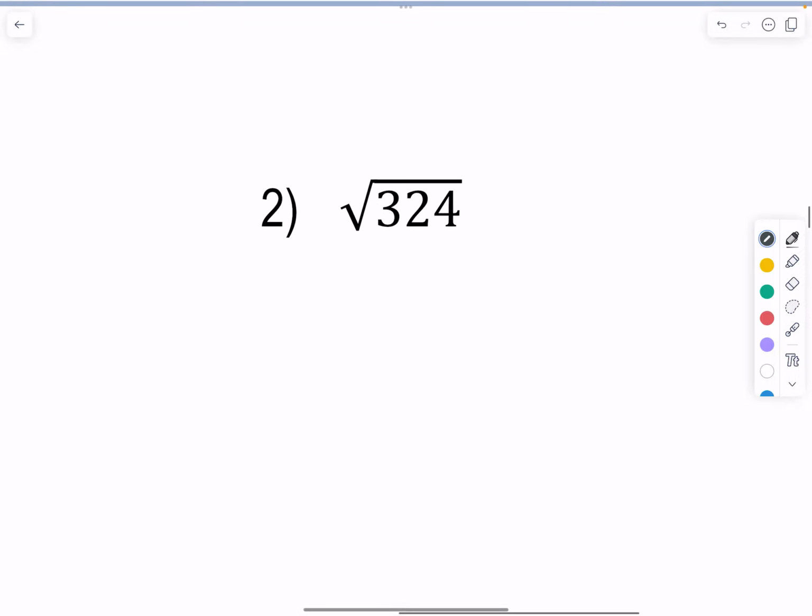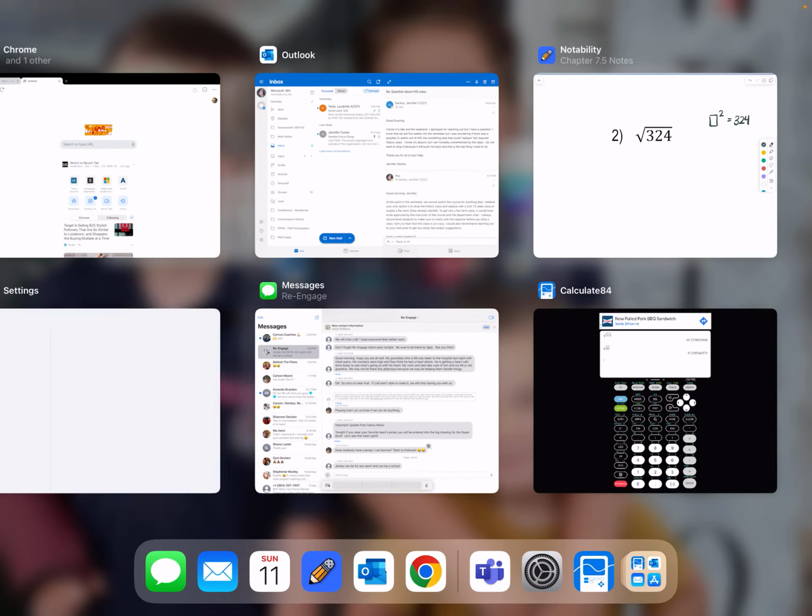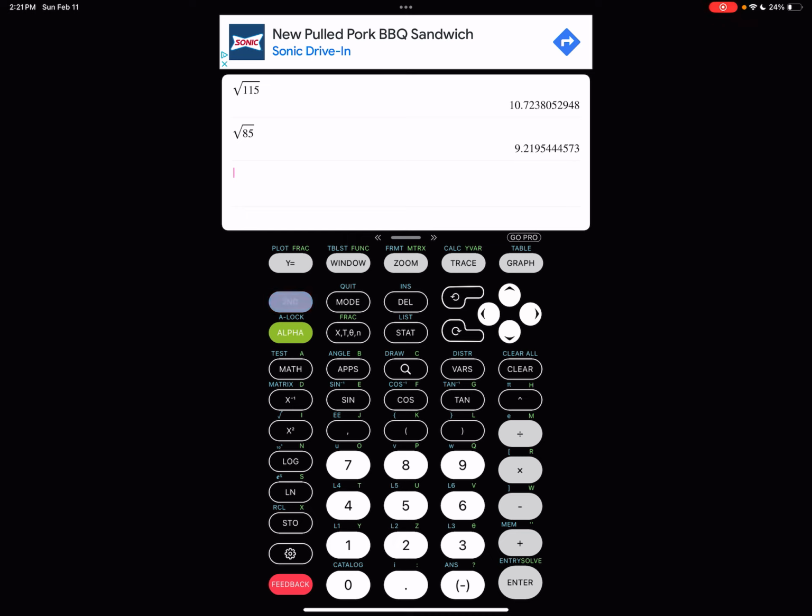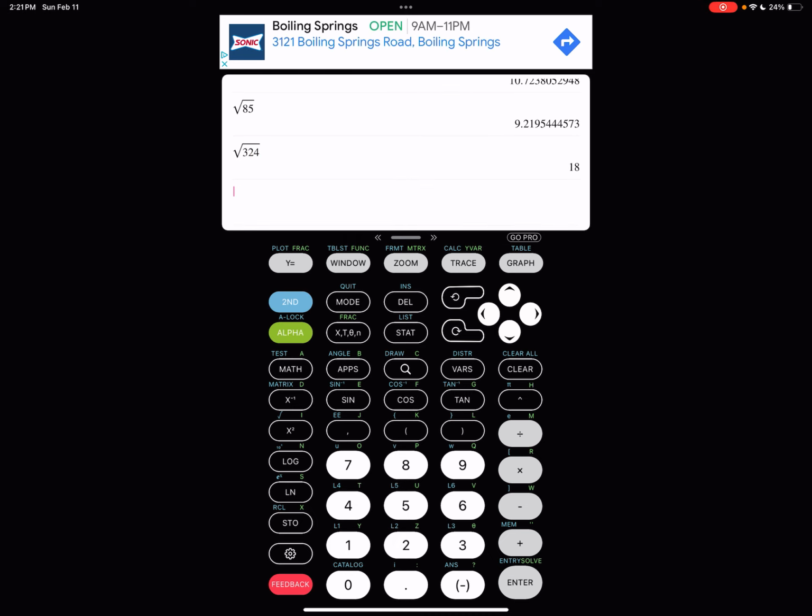The square root of 324. So what we're looking for is what number squared is 324. Well, what you'd have to do is just start going through. 15 squared? Nope, that's too small. 16 squared? Nope, that's too small. And what we can do is use the calculator for the square root of 324, and that gives me 18.